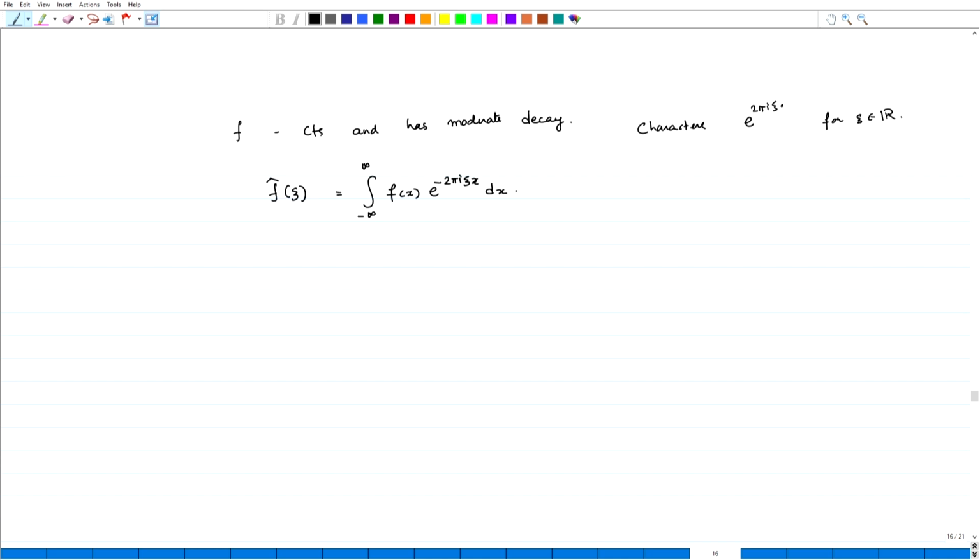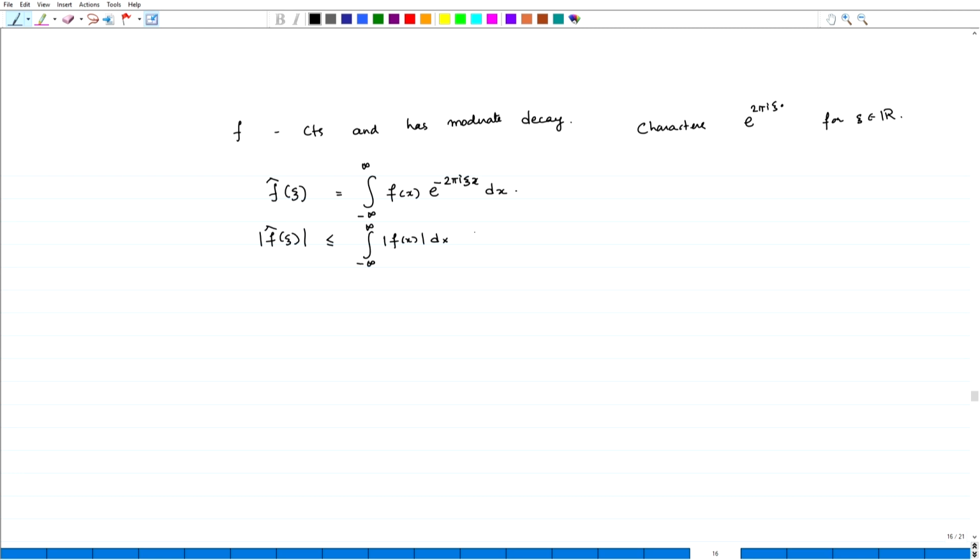Now, easily one can see that mod of f hat of ξ, if I am using the triangle inequality under the integral, would be less than or equal to the integral from minus infinity to infinity of mod f of x dx.